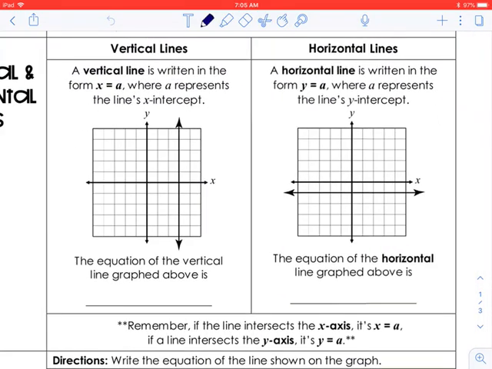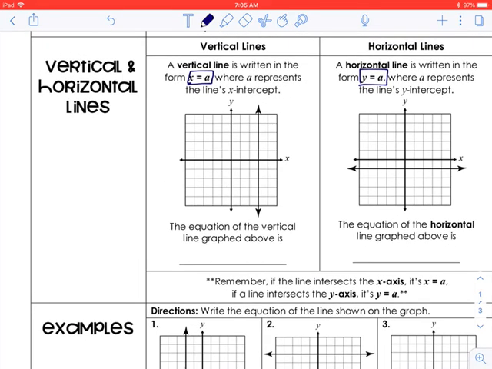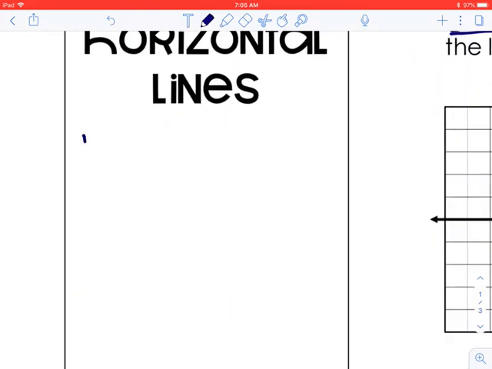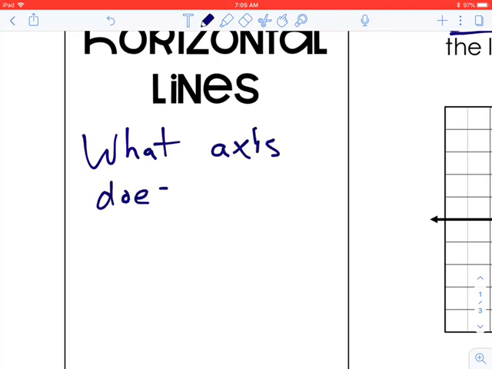Vertical lines are written with x equals whatever the number is. Horizontal lines are written with y equals whatever the number is. Okay? So what you want to think about is what axis does the line cross?